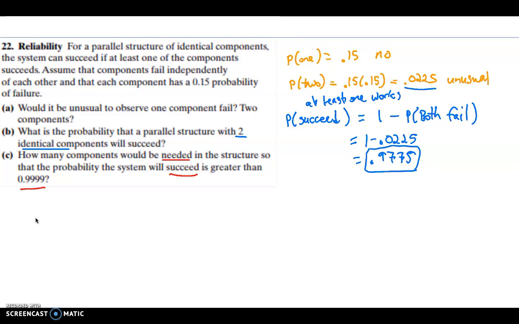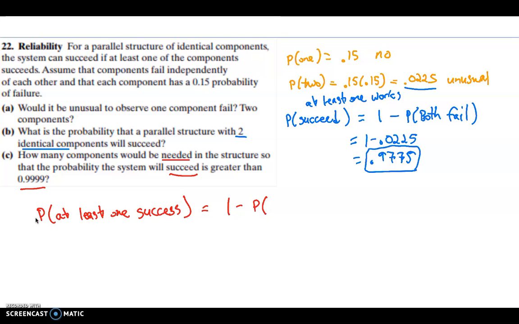So the probability of at least one success is 1 minus the probability that none of them succeed.